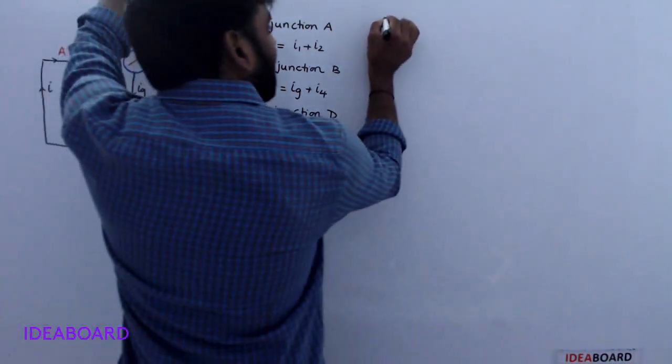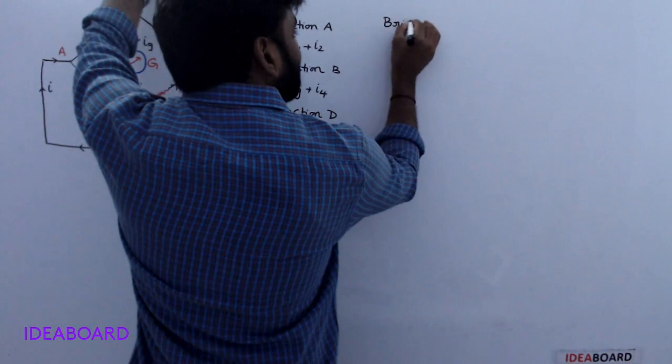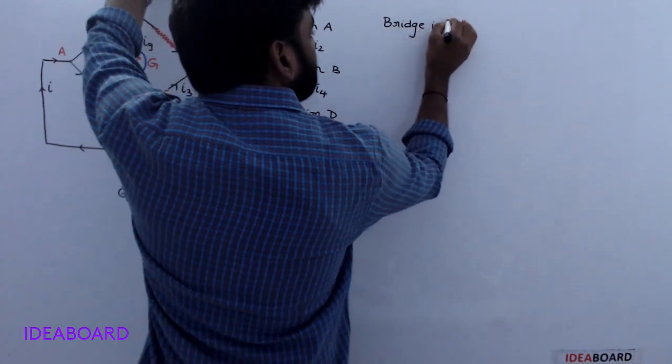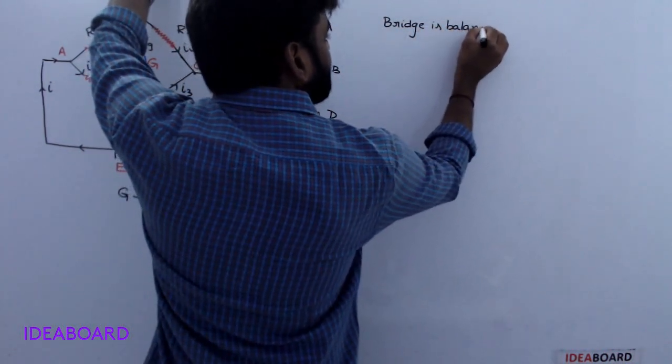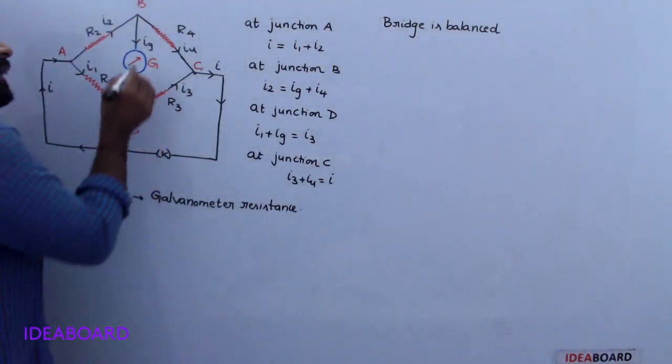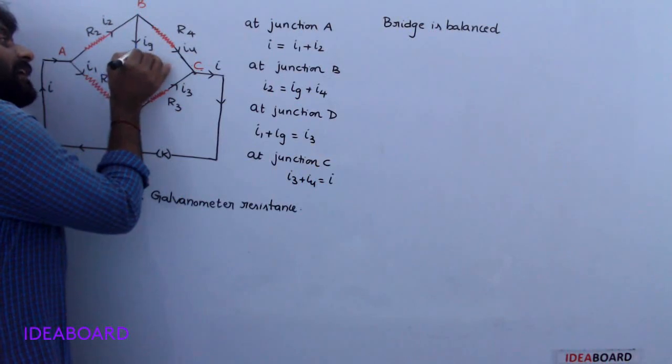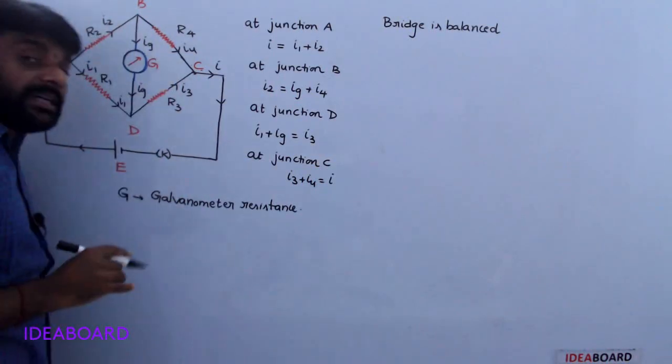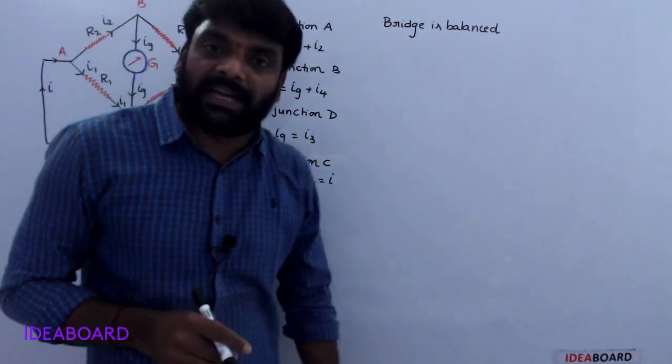Now the bridge is balanced. What does it mean that the bridge is balanced? It means the current passing through the galvanometer is 0. That condition is the bridge being balanced.